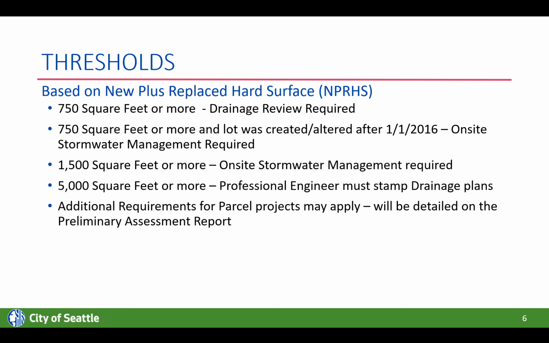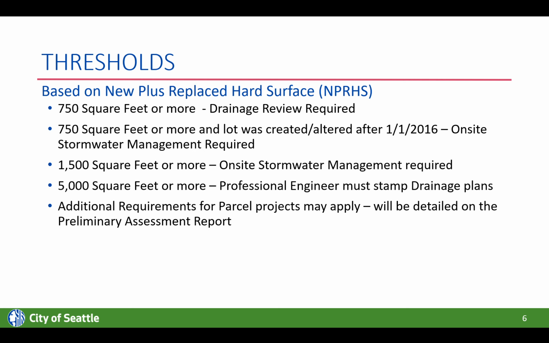So here are some of the thresholds based upon that new plus replaced hard surface. 750 square feet or more, that is when drainage review is required for your project. Anything under that, drainage review is not required. You still have to meet the requirements of the stormwater code.